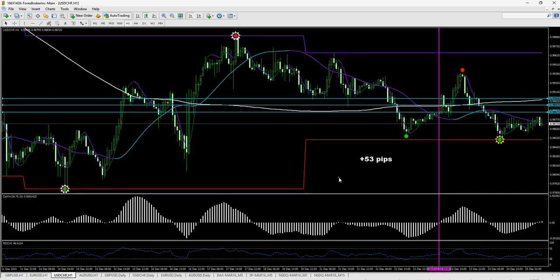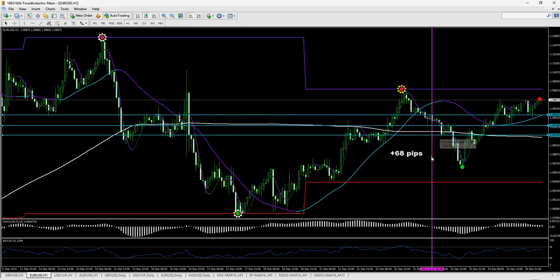We'll see. But the UC, I grabbed 53 pips on the Oscillip to the upside. I'm sorry, I'm looking at the wrong part of the chart here. But right here, we had the Oscillip heading up, price rose, and I gained 53 pips there.